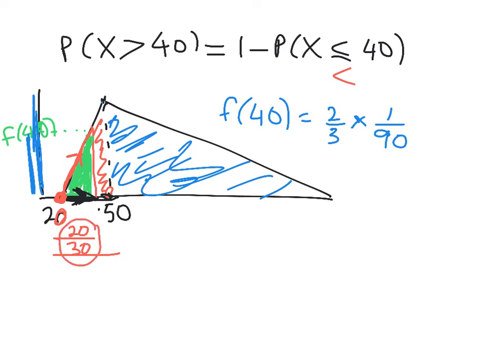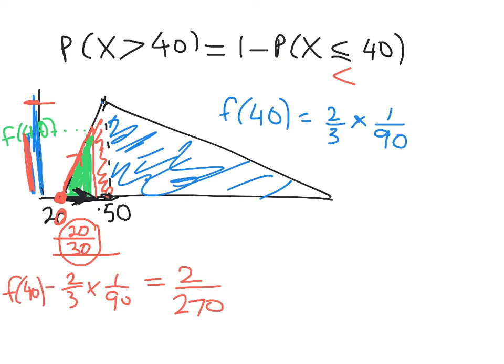So we've gone 2/3 or 20/30ths of the way to the top. So that means we must have gone a similar proportion of the way up to the peak height. So 2/3 of 1/90th. Okay, so we can write that as a fraction. We get 2 over 270. So that's f of 40.